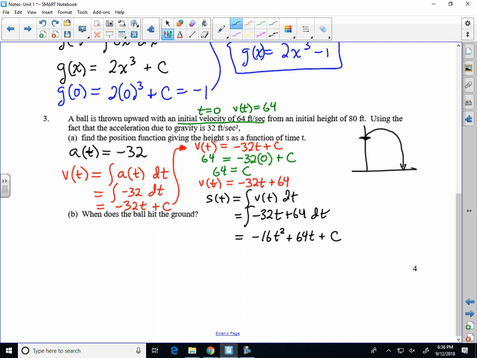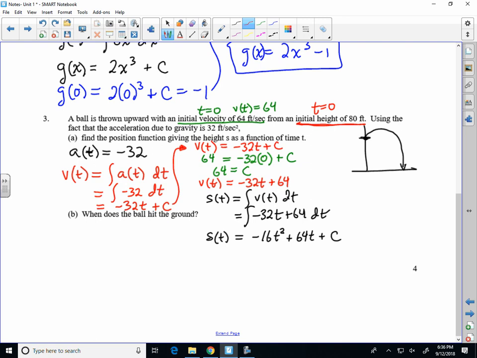All right. So that's my S of t. Now, it says that we're working at an initial height of 80. So initial, again, t equals 0.